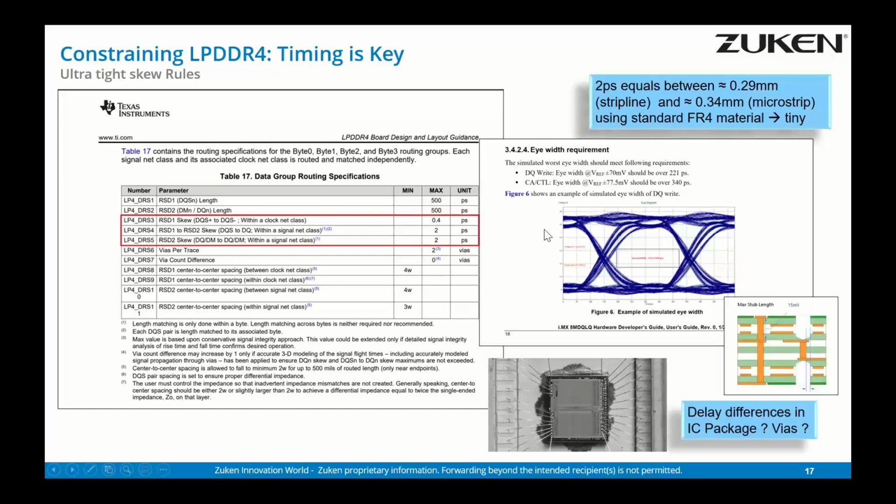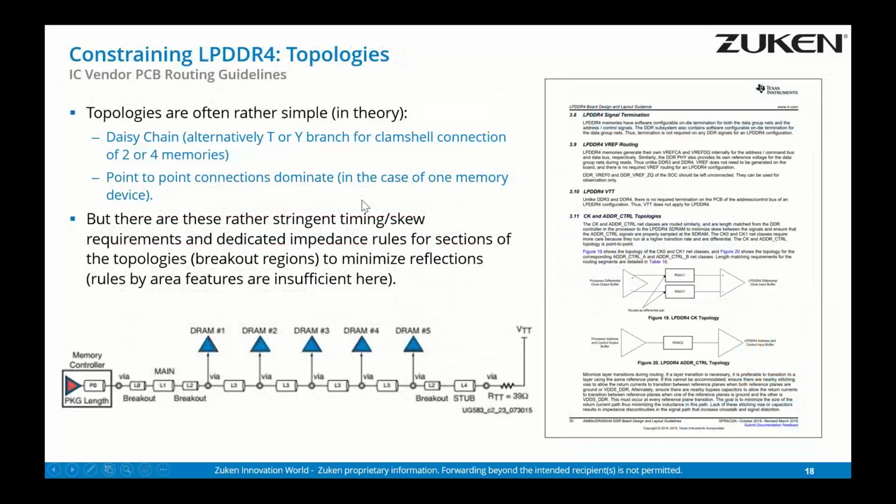So we have tight electrical rules. Here you have to consider, of course, different lengths within the IC packages or the wire lengths, because they do matter if we are talking about skew requirements of a fraction of a millimeter. We have topology requirements, which in theory can be rather simple because the times of these balanced H trees, which some of you may remember from the times of DDR2, are gone.